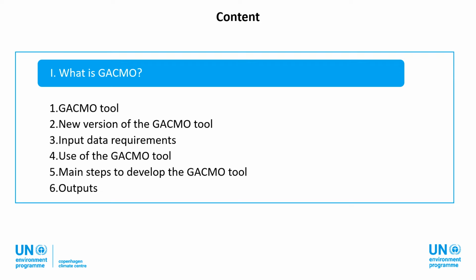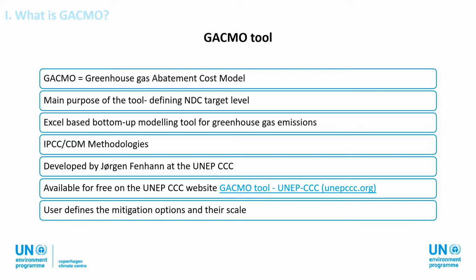Let's get started with the basic concepts of the GACMO tool. GACMO is an abbreviation for Greenhouse Gas Abatement Cost Model. It accounts not only for GHG emissions, but also for the costs. The main purpose of the tool is to define the NDC target level. It is an Excel-based bottom-up modeling tool used for greenhouse gas emissions projections.